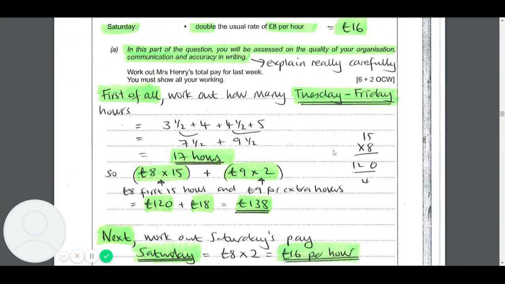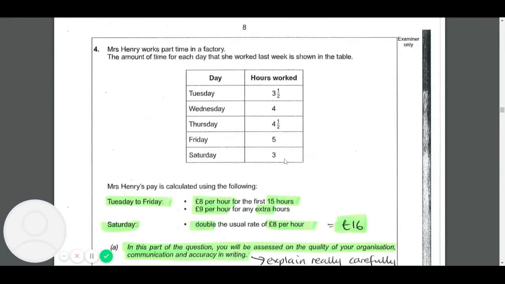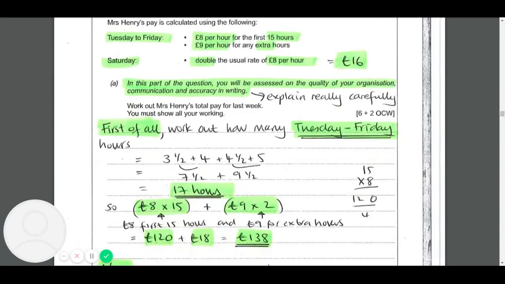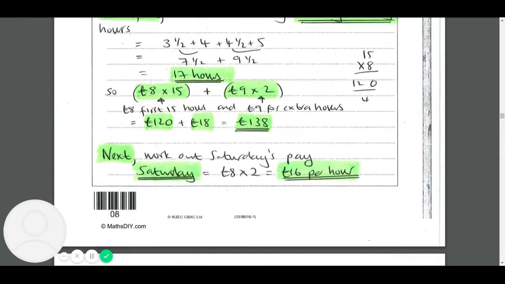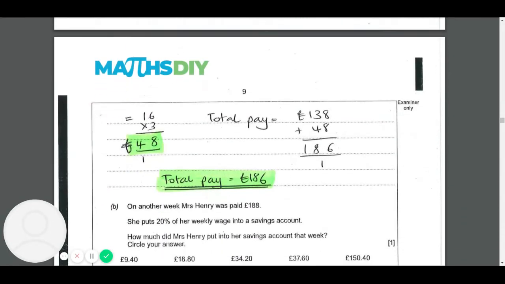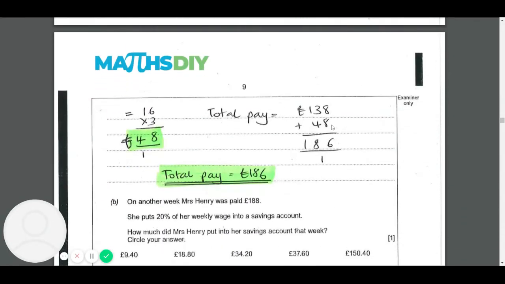And then on Saturday, she worked for 3 hours, so 3 lots of £16. Okay, 3 lots of £16 is £48. Add it on to the 138. Make it really clear that's your final answer. Say total pay, add them up, £186.